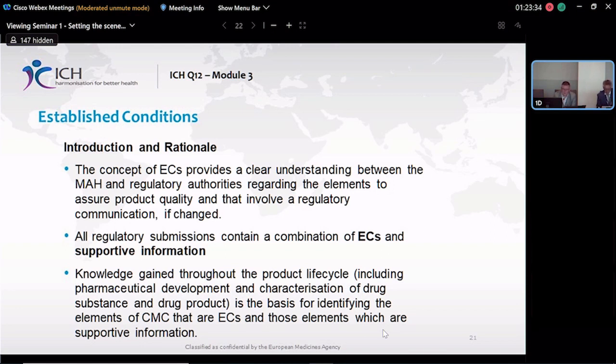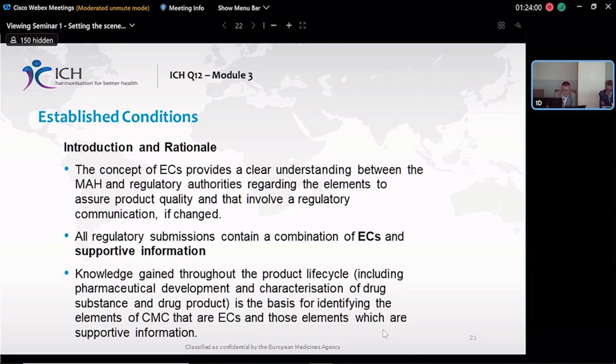So the established conditions are the limit of this test, 95 to 105. If a company wants to widen the limits to 90 to 110, for example, that would trigger a variation. The HPLC column is an established condition. If they want to use gas chromatography or change it to a different type of method, that would require a variation.